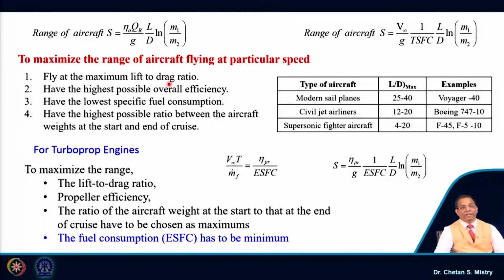We need to have higher overall efficiency. We need to have lower thrust specific fuel consumption, and we need to have the highest possible ratio between aircraft weight at the start and at the end of my cruise. So you can understand this is our requirement.